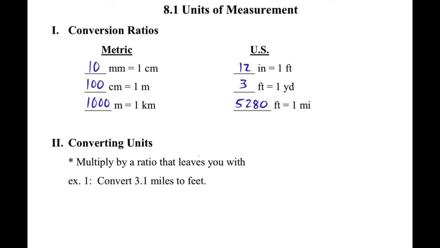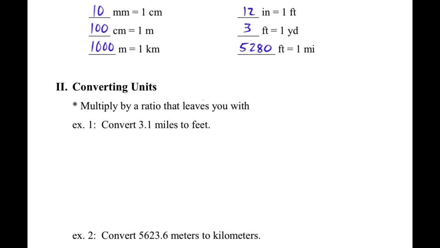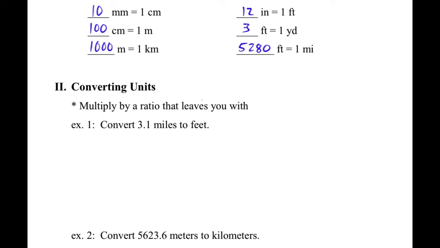So okay, then converting units. The key is this. I could take and multiply any number by 1 and not change its value, yes? Do you agree that 5 over 5 is 1? I wouldn't write that, but 5 over 5 is 1, yes? So if I multiply by a fraction where the top amount is the same as the bottom amount, I'm multiplying by 1 and I'm not changing the bigness of the number at all.